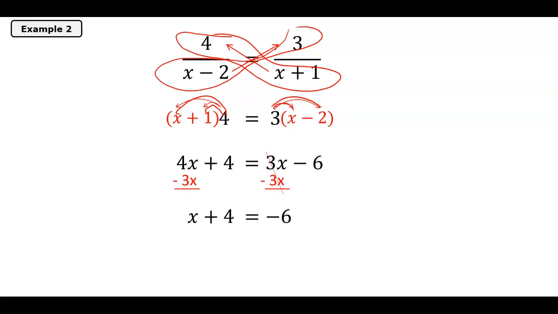So how do I get rid of this plus 4? The opposite is subtract 4 on both sides. Negative 6 minus 4 is negative 10.